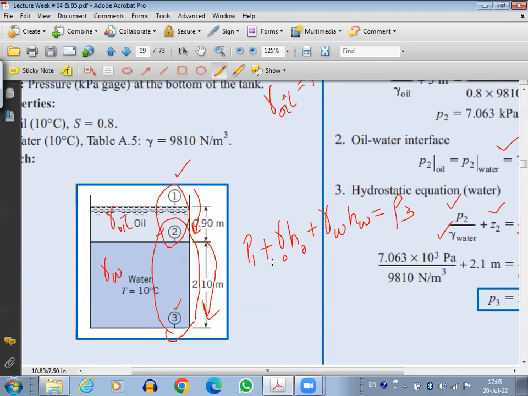Now please solve it. P1 is 0. Gamma of oil is 0.8 multiplied by 9810. Height of oil is 0.9. Gamma of water is 9810. Height of water is 2.1. So please find out P3. I have done it in one step, direct approach. Please do it and cross check if you are getting the same answer.